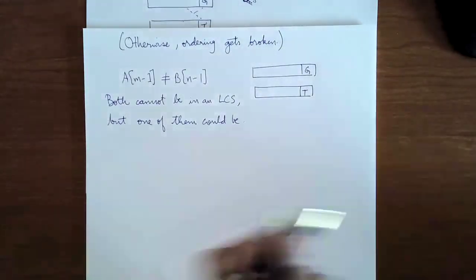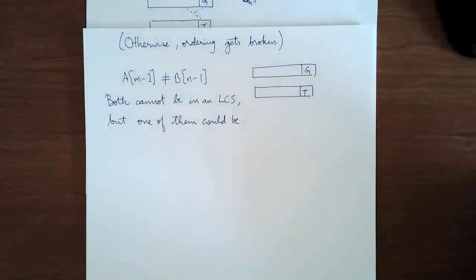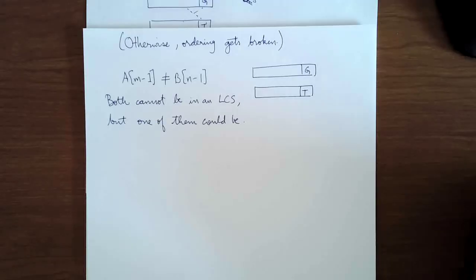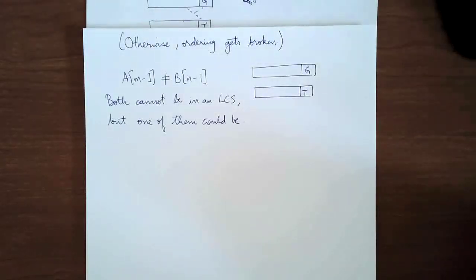So again, we don't know. We could take the minimum of the LCS of all of A and B just until B_n minus 2, and then all of B and A until n minus 2. Right, and yes, not the minimum, but the maximum. You want to take the best one.